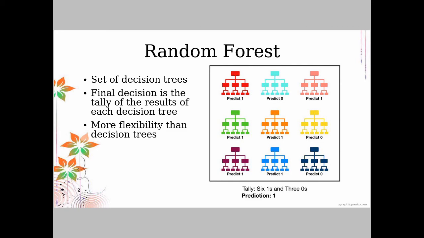So for example, you have here a random forest algorithm with a set of 9 decision trees. You run the same data through all of these decision trees. Computationally speaking, this takes quite a longer time than doing a simple decision tree or even a linear regression.